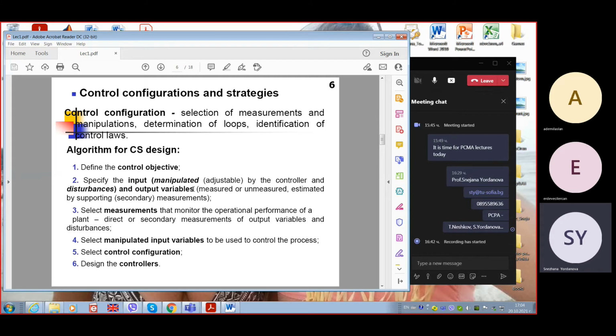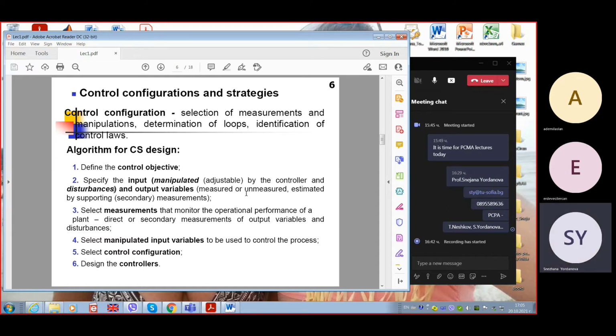And the output variables, these are which we want to control. Usually we measure them. If we cannot measure, like quality of a product, we estimate through secondary measurements related to quality, other variables.